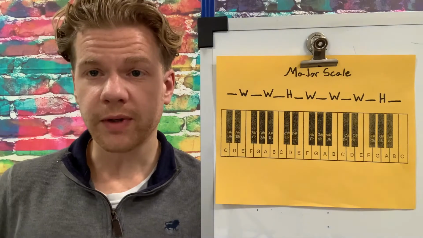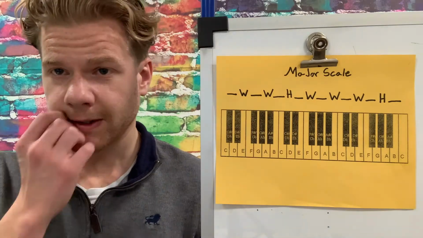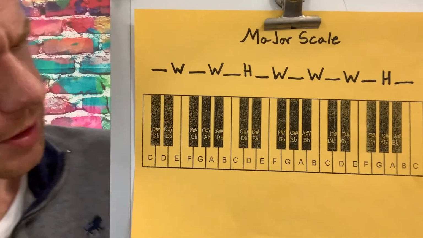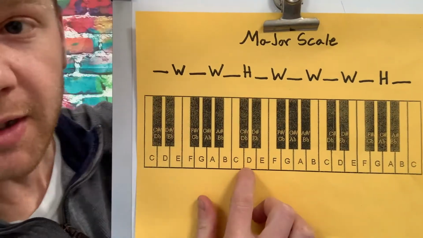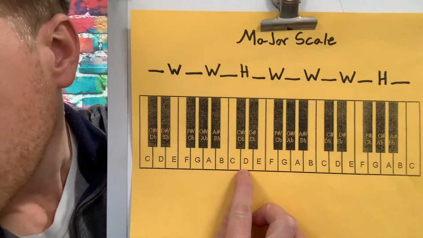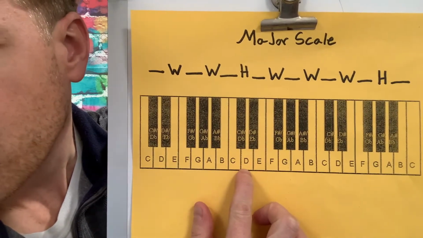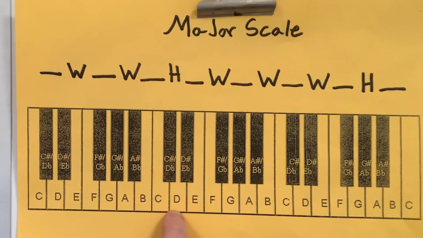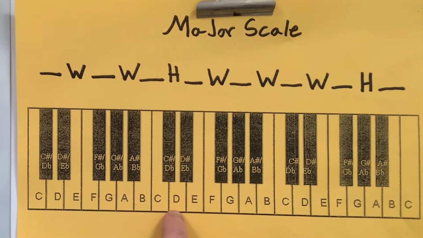So before we construct a major scale, let's review whole steps and half steps using our keyboard. So I'm going to get a little closer here, and we're talking about the note D. I want us to think, this is the note D. What is a whole step higher from D? To figure this out, we're going to simply count 2 notes higher.